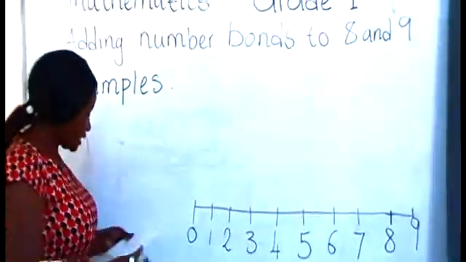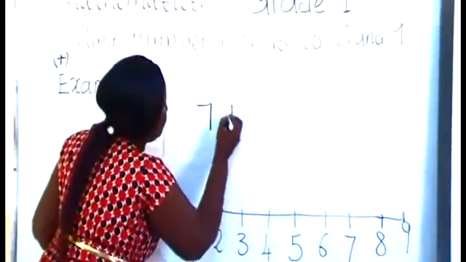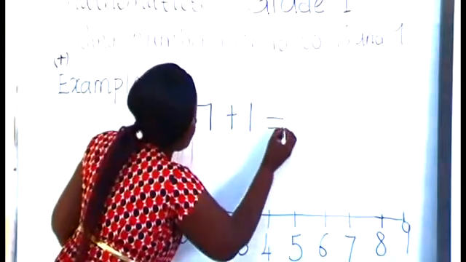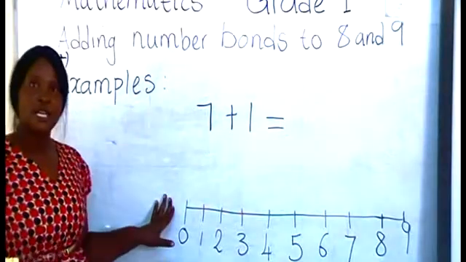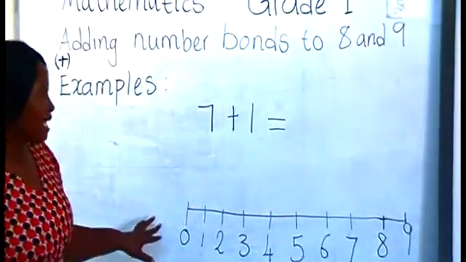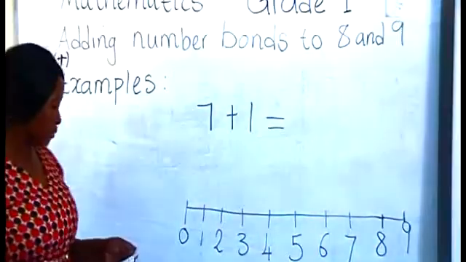The first example is 7 plus 1. With me here, I've already drawn the number line, and this number line is going to help us find the answer for this example.